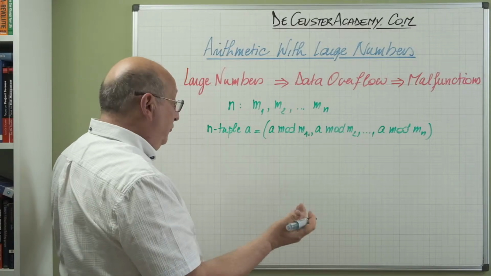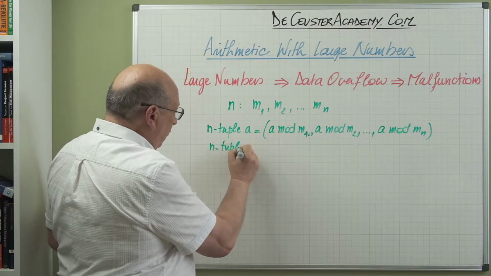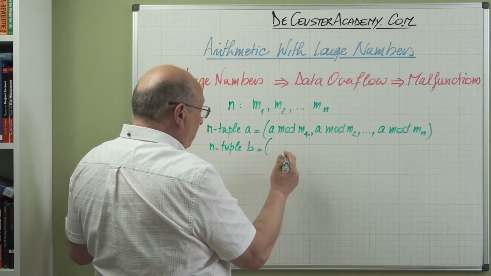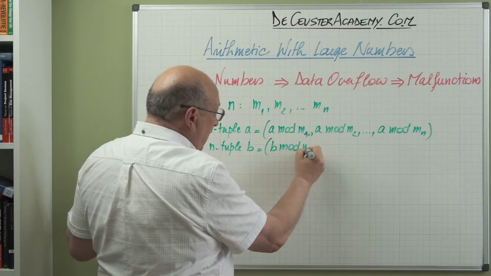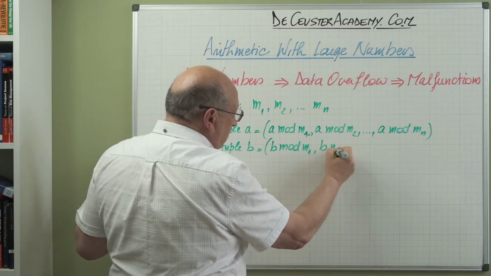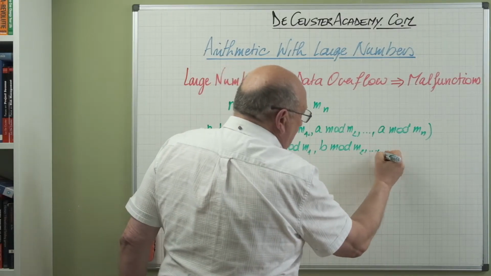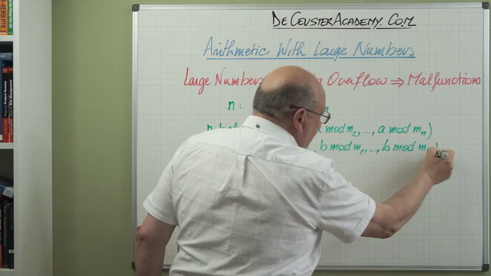And we do the same for any other number that I have. So I have an n-tuple for the number b, which is composed of b modulus m1, b modulus m2, up to b modulus mn.